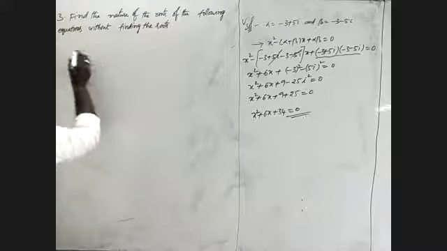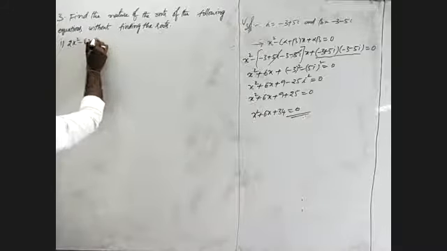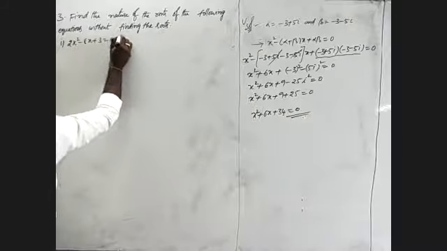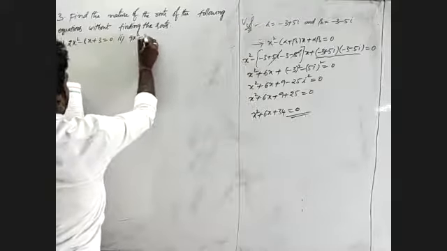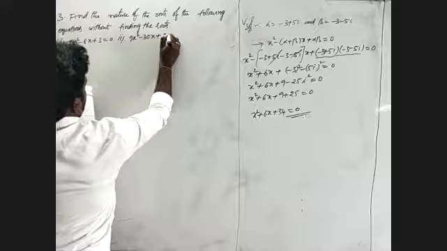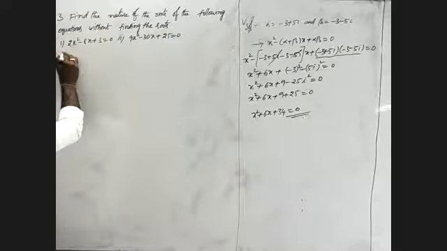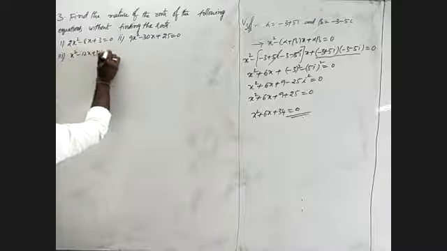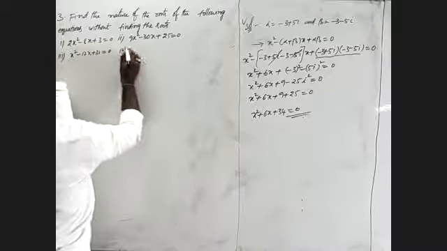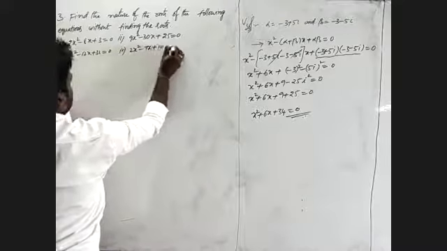Here the first one is 2x square minus 8x plus 3 is equal to 0. Second one is 9x square minus 30x plus 25 is equal to 0. After that, third one is x square minus 12x plus 32 is equal to 0. Finally, the fourth one is 2x square minus 7x plus 10 is equal to 0.